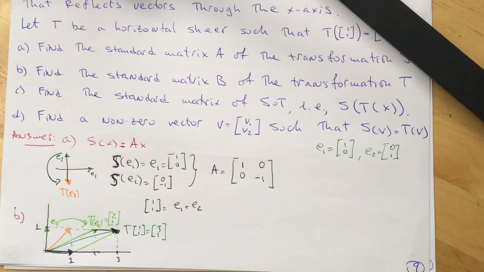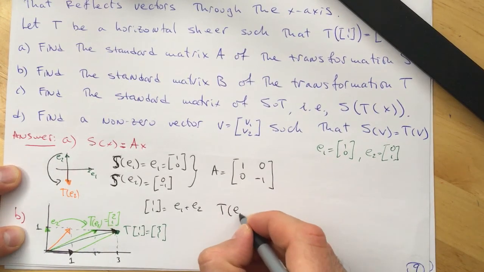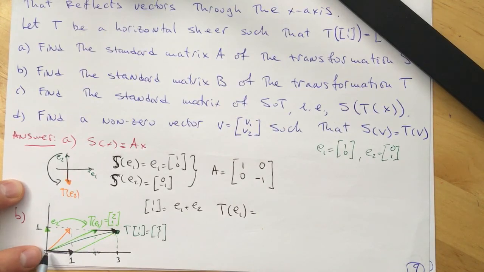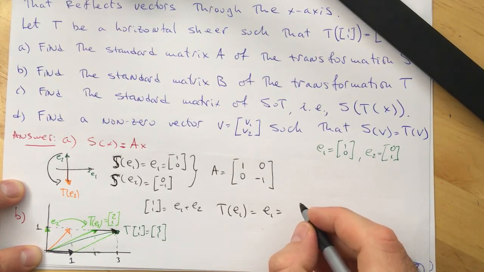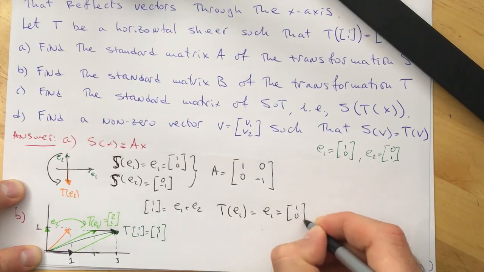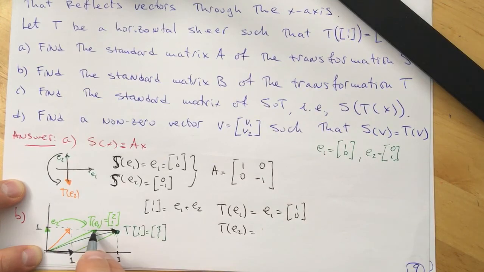So from here, T of e1, as we can see, stayed at its place, it's just e1, which is (1, 0), and T of e2 became (2, 1).